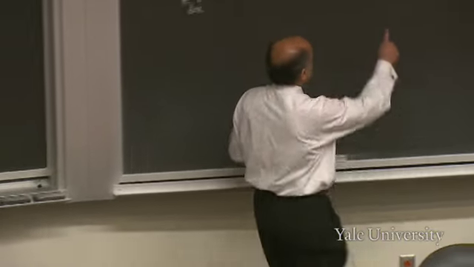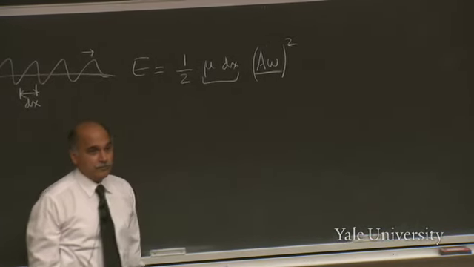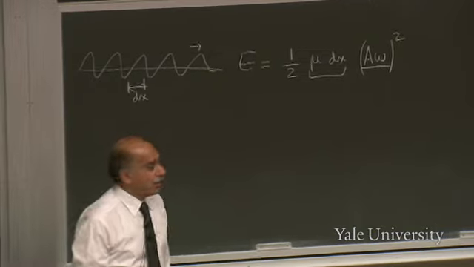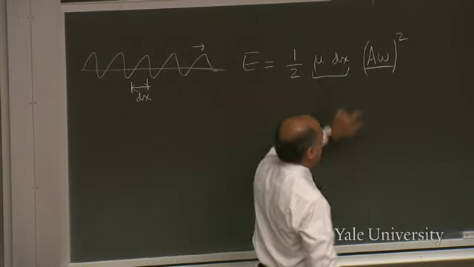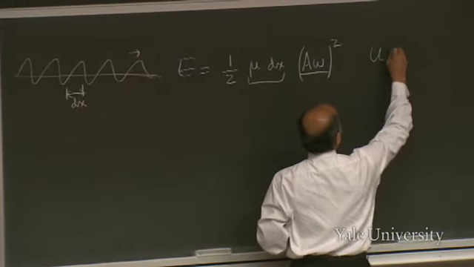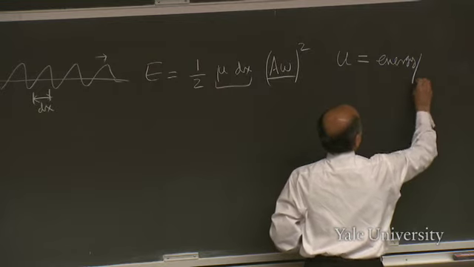So this is A omega as the maximum velocity, and I've got to square that. Now this is the energy of a segment of length dx. So what we normally define is a quantity called little u, and that is the energy per unit length.